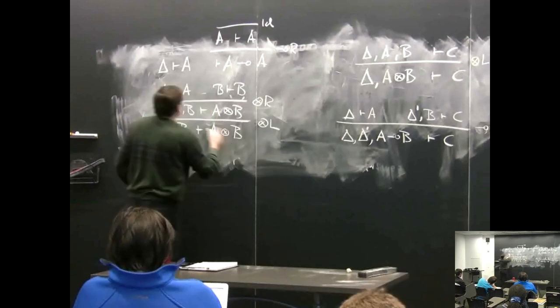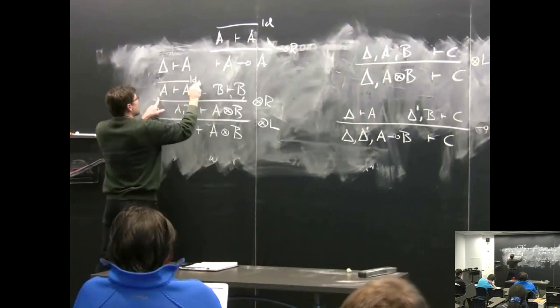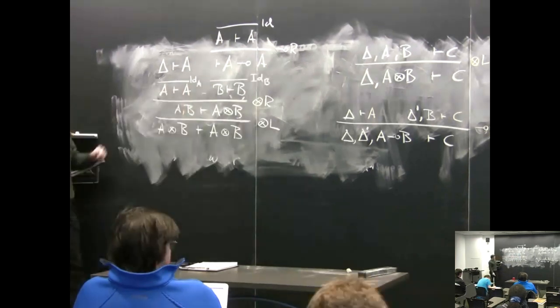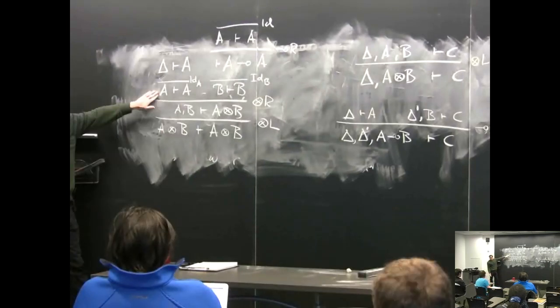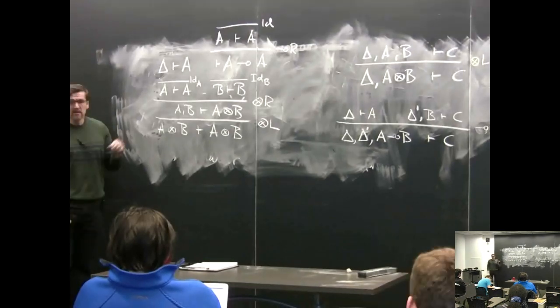Okay, and these two things are identity, but the proposition that we use it at is smaller. Namely just at the components A and B. So we don't need it at A tensor B because we can reduce it just down to A and B. Okay, and what you can show is that in general, if you do this correctly, you can always reduce identity at an arbitrary proposition down to identity at just the atomic propositions.